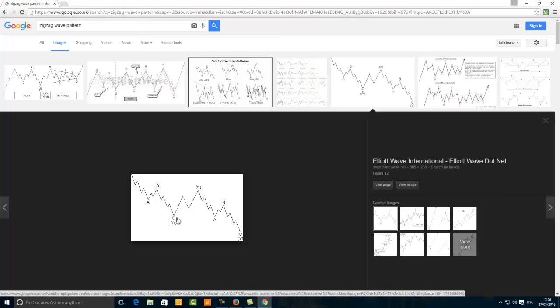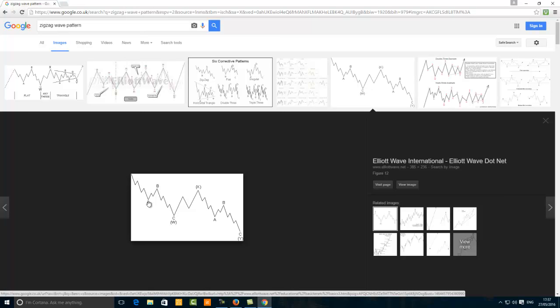1, 2, 3. The first part is subdivided into 5 monowaves, the second part is subdivided into 3 waves, and the third part is subdivided also into 5 waves. That's what we call an A, B, C correction, which is a zigzag correction in this case.